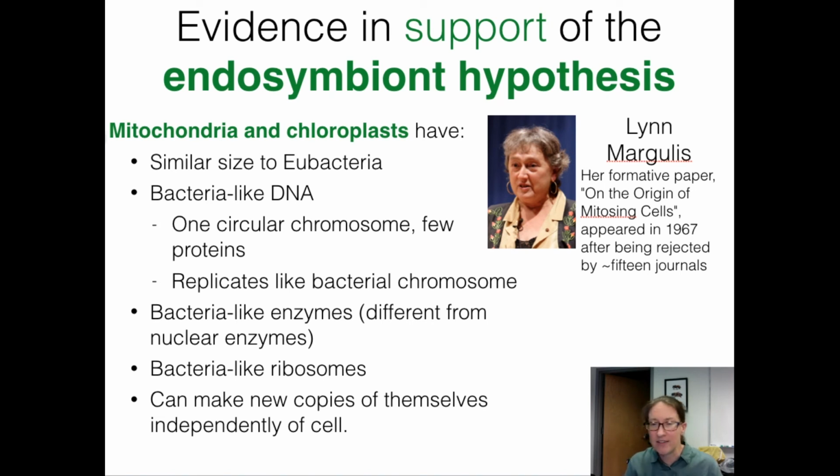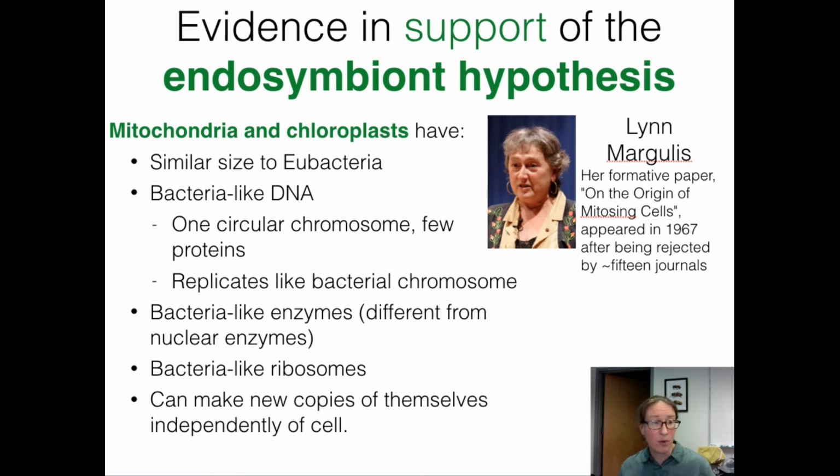Mitochondria and chloroplasts also contain their own DNA, and that DNA is strikingly similar to the DNA of bacteria. It is a single circular chromosome, and there are very few proteins present in these organelles. That DNA also replicates in a fashion similar to how bacterial chromosomes replicate. We'll see more on that soon.